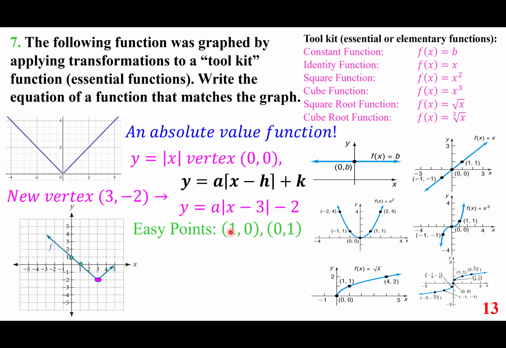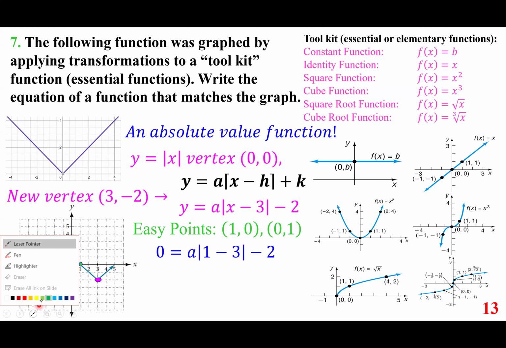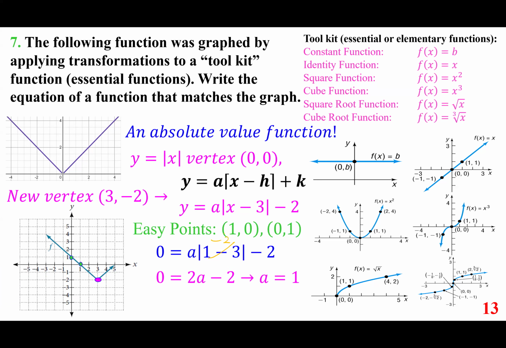So if y is 0, x is 1. So obviously this is negative 2, but the absolute value of negative 2 is positive 2. So we get 2a minus 2, and clearly a becomes 1.